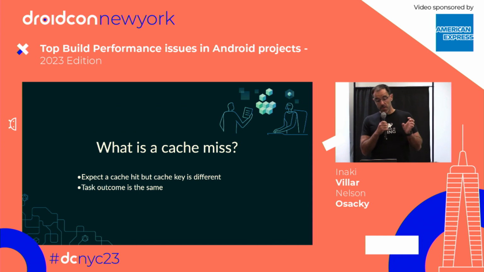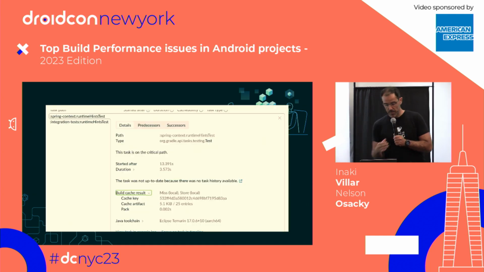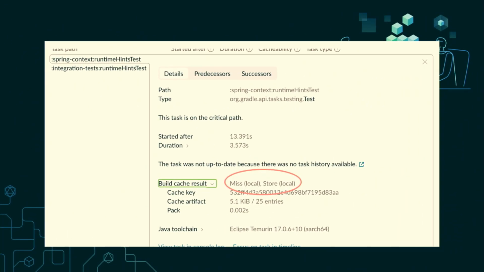The task outcome is the same, but I'm not hitting the cache. That's what we understand as a cache miss. And obviously, only inputs that affect outcomes should be tracked as cache inputs. In Gradle Enterprise, you can see a cache miss highlighted here. We can see that the build cache result was missing, and then storing locally.